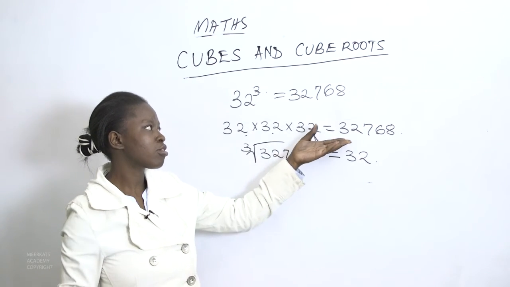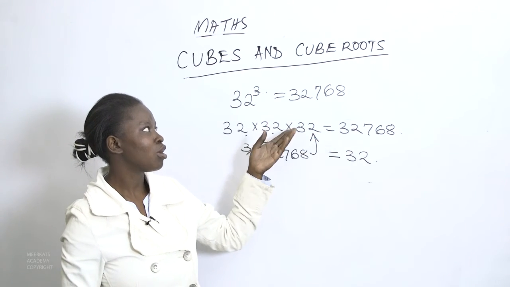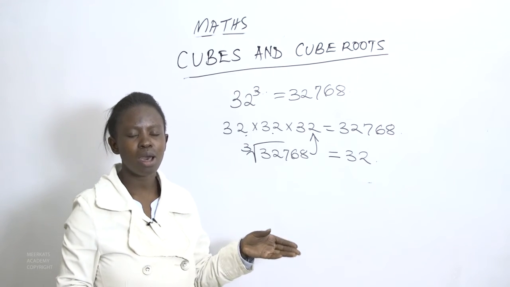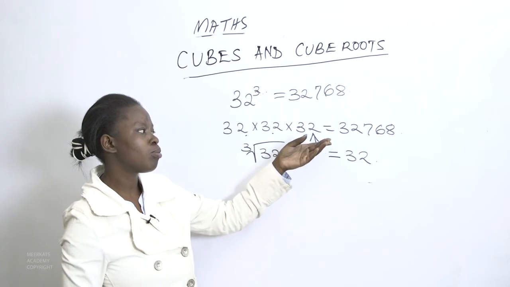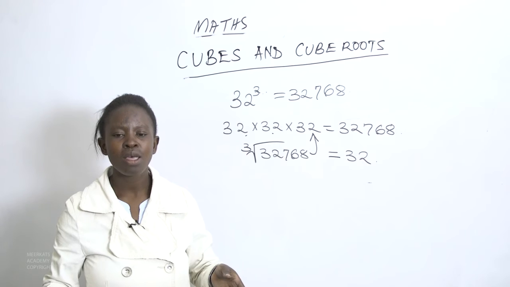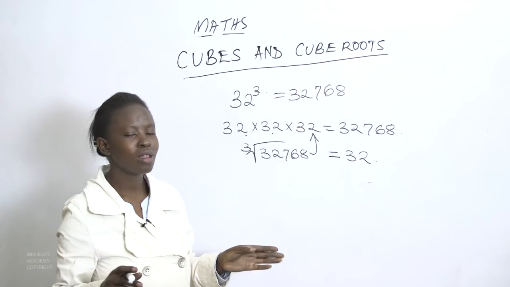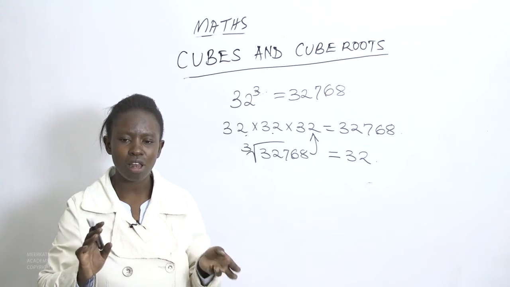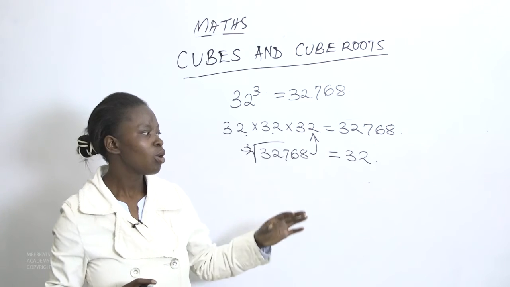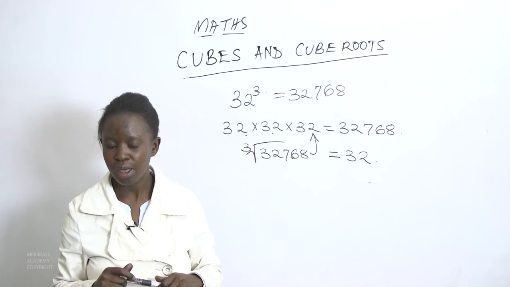So here we are just working with composite numbers, and if I want to get the cube roots, then it means I have to work the reverse way and find out the prime factors making up the composite number. Then from the prime factors, can I find those prime factors that are multiplying themselves 3 times or thrice, so that the number that is multiplying itself thrice is giving me the cube root. So that is all we need to know about cubes and cube root.